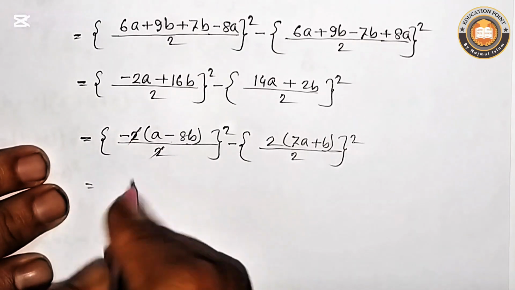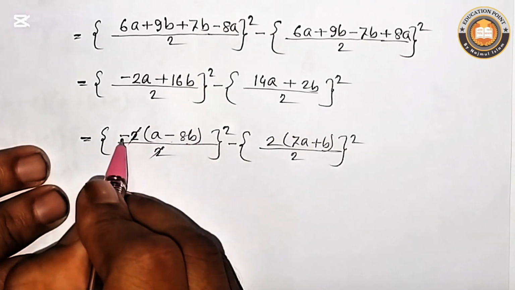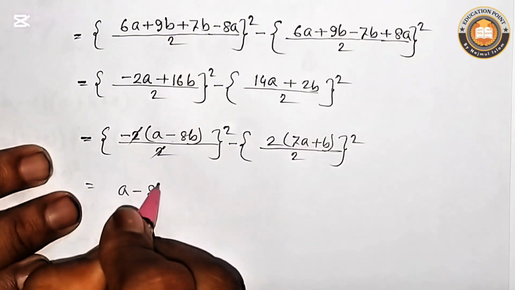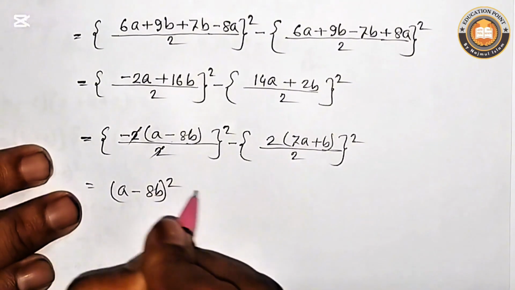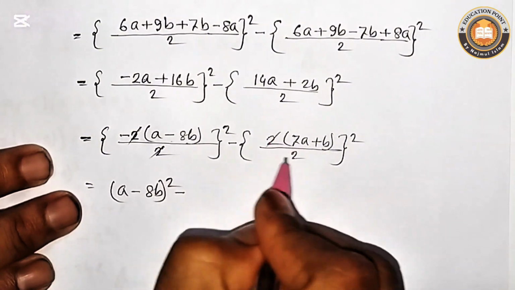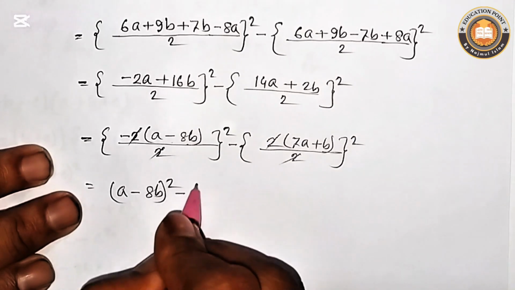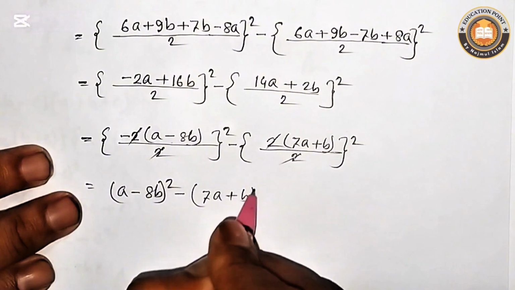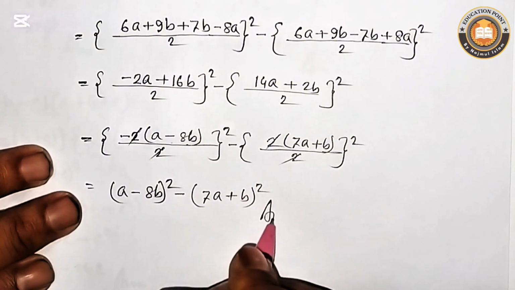Here 2 and 2 reduce, square value of minus is plus, so we can write (a minus 8b) whole square minus, here 2 and 2 reduce, then we can write (7a plus b) whole square.